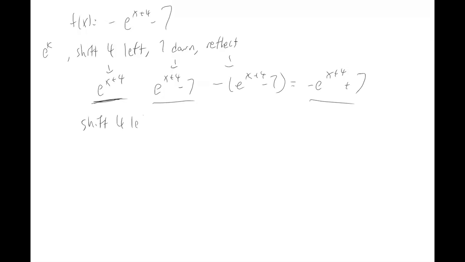Shift 4 left, reflect, by reflect I mean about the x-axis, and then 7 down. That will work because you start off with e to the x, you go to e to the x plus 4, then you negate it, then you go 7 down.